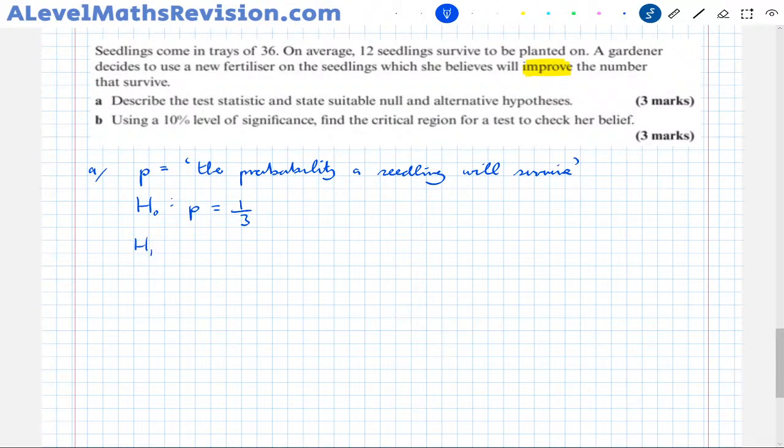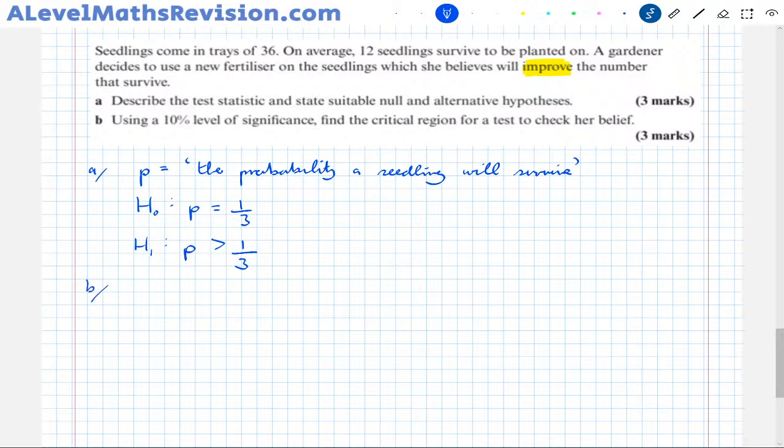And the alternate hypothesis, well, we think it's improved now. So if they're right, P is going to be bigger than a third. So I've done part A.